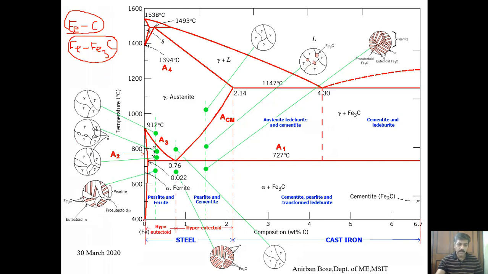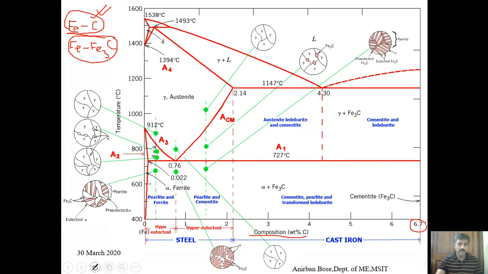If you see the phase diagram, in the x-axis it is the composition of carbon, that means the weight percentage of carbon is given here, 1%, 2%, and only up to 6.7%. If it were a full iron carbon diagram, it should be from 0 to 100% carbon, right? That we have seen in other cases. But after 6.7%, nothing is given. So this is basically a portion of the iron carbon diagram up to 6.7%.